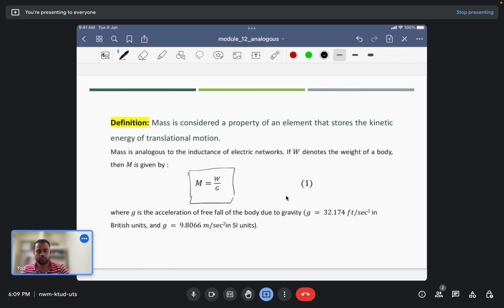I think you are all aware of this relation. The mass of a body is a constant quantity and doesn't depend upon where you measure it, but the g value on Earth is around 9.8 meters per second square. So the weight becomes mass times g.